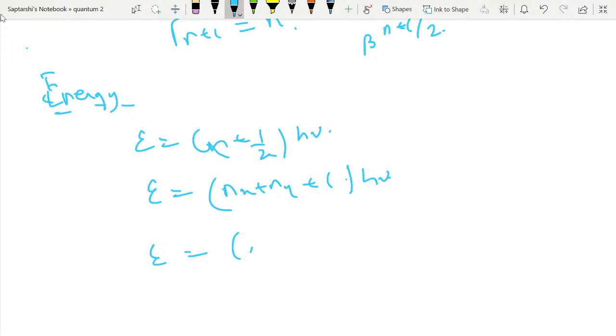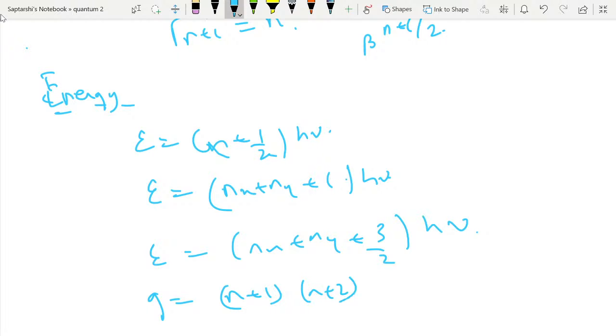For a three dimensional, it will be nx plus ny plus nz plus 3 by 2, as half plus half plus half is 3 by 2, into h nu. And your degeneracy g is equal to n plus 1 into n plus 2 by 2. That is more or less it for SHO.